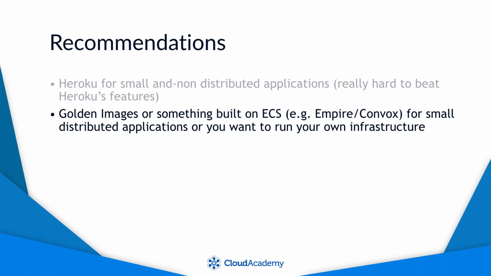There's plenty of great articles on how to do golden images out there and how to deploy them, so I recommend that you check that out. Or if you're not too keen on golden images, you can take ECS, or more importantly, something built on top of these primitives like Empire or Convox to give you a more Heroku-ish feel in terms of functionality, but a little bit more control over the infrastructure or how your applications are running.